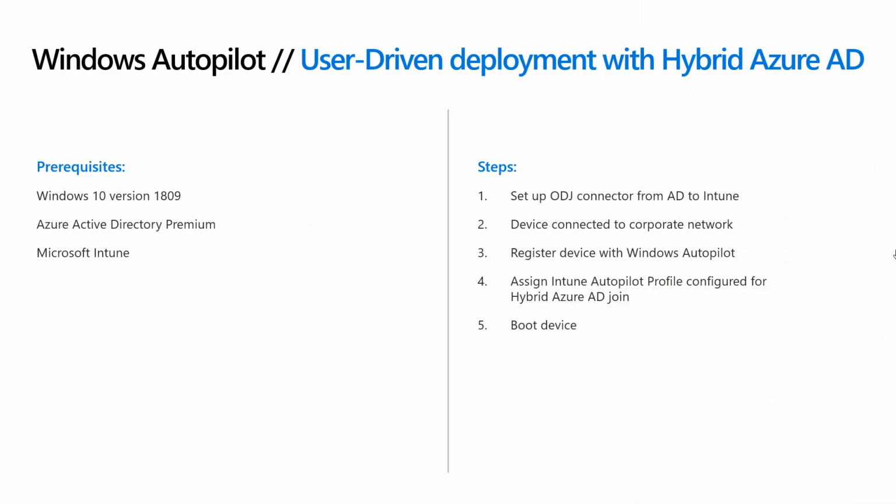Hybrid Azure AD join. You need to have 1809, not 1703, but 1809. Azure AD Premium and Microsoft Intune. So you need to set up the ODJ connector, so it's offline domain join. If you're experienced Active Directory engineers, you know how it works.